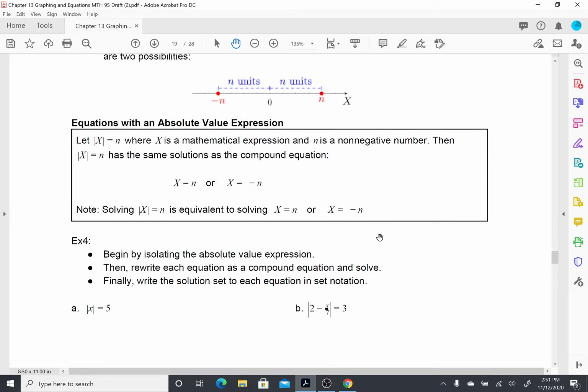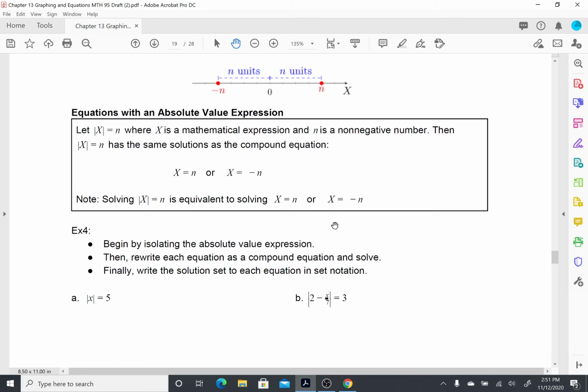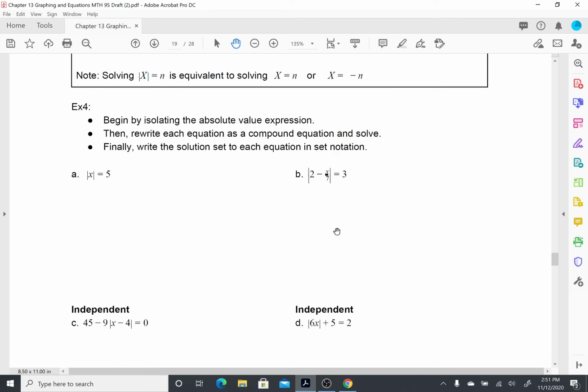So when you're given an equation with an absolute value expression, what you can do is you can set your equation to the left answer and the right answer, the negative answer or the positive answer. Let me show you what I mean.